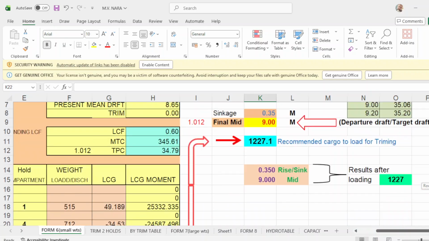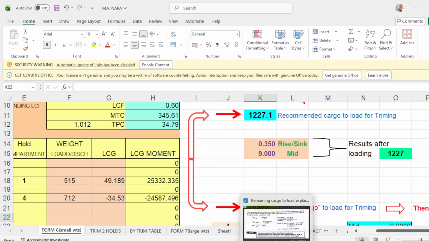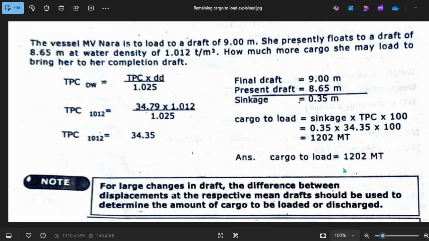So, which is more convincing, or for your judgment, which cargo would you prefer to load? 1,227 or 1,202? Okay?